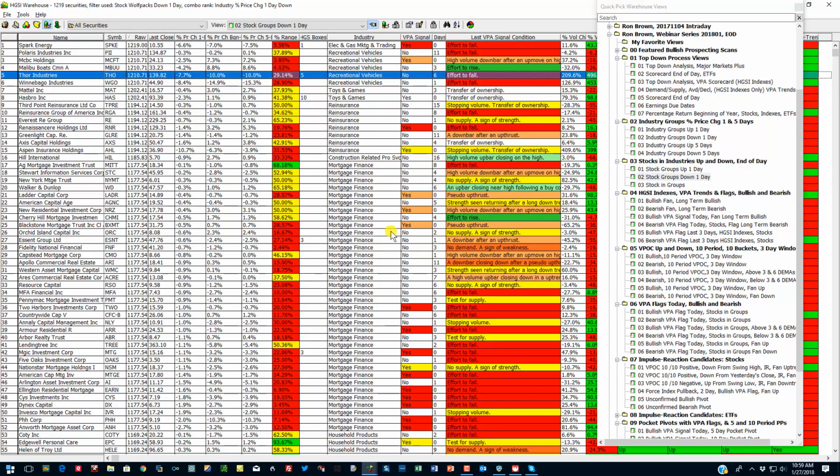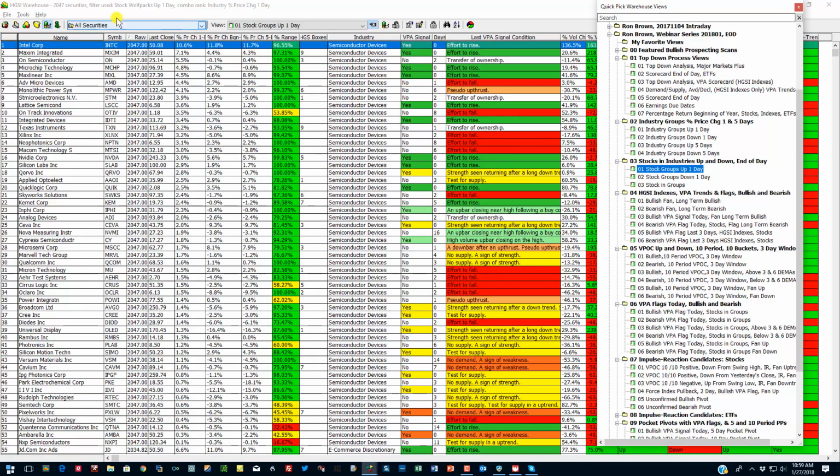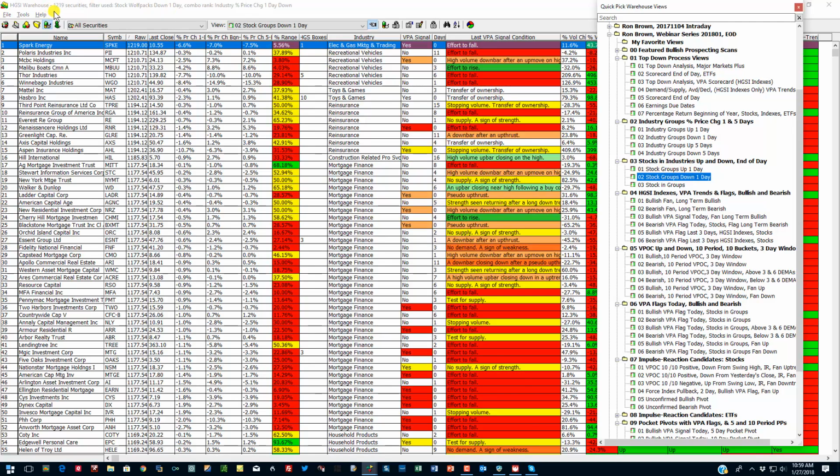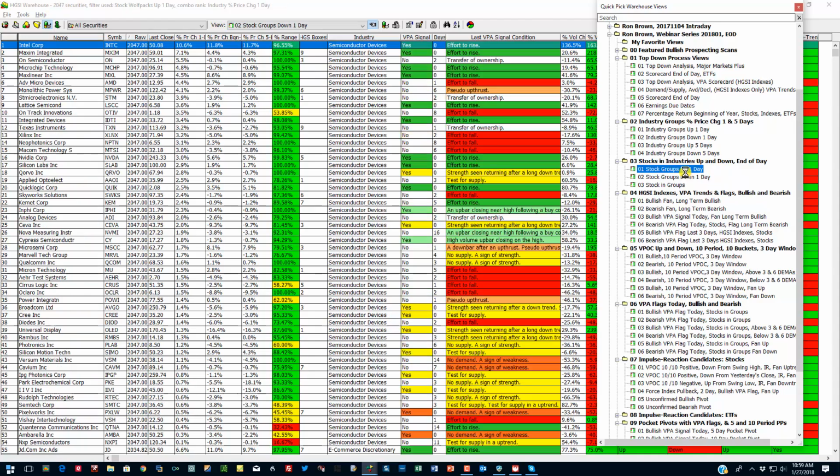The groups have been weak. Let me go back up to this and let's check this out. There are 2,047 securities in stocks that were up, in groups that were up, and there are 1,219 in stocks that were down, in groups that were down. So you get a quick read on the market. Like I said, you can do this intraday also to get a feel for what's going on.